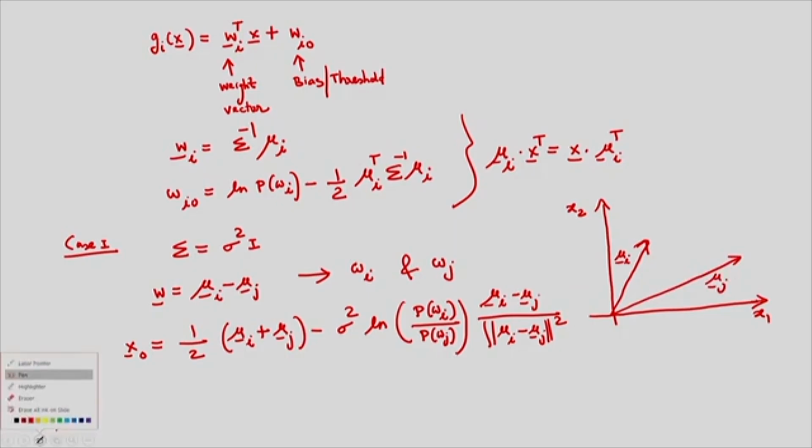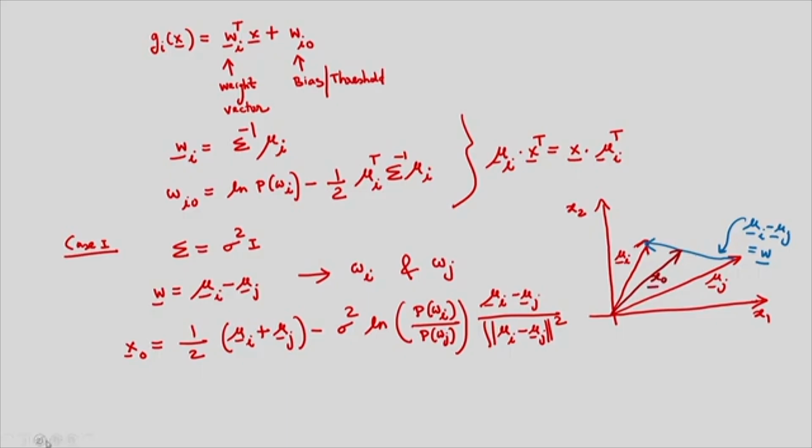After this, I have to determine the difference between these two means. This vector is mu i minus mu j, and that is nothing but the weight vector. After this, I considered the point x naught. So this is, suppose, x naught.